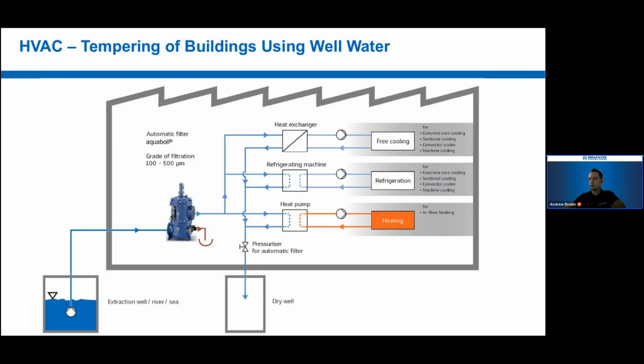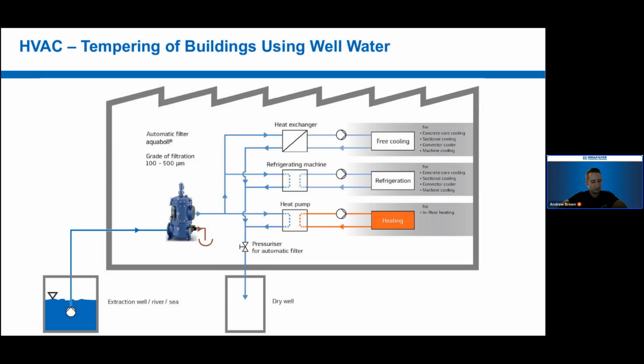So we will size these filters based on a few different aspects. You've got flow rate, which is the big one. You've also got filtration level. The finer you go, the bigger the filter will need to be. And then also the water sampling data.